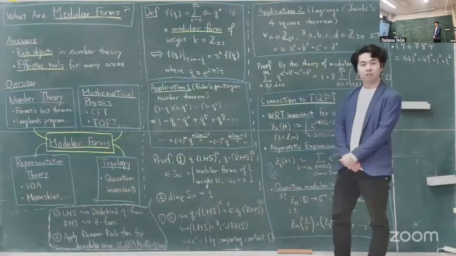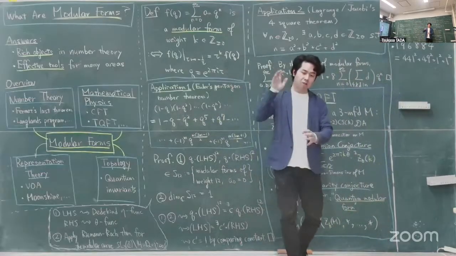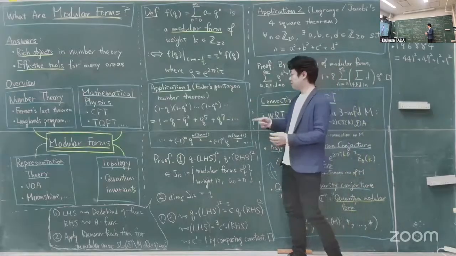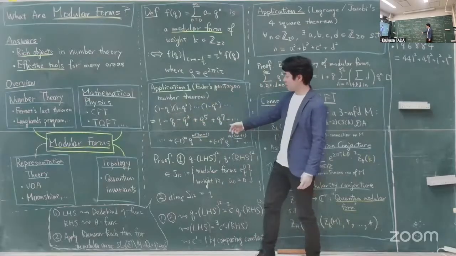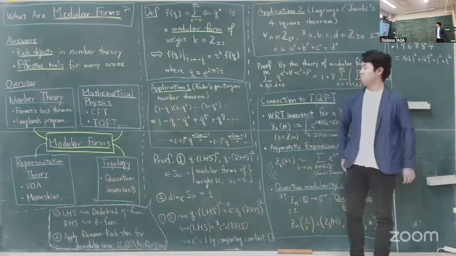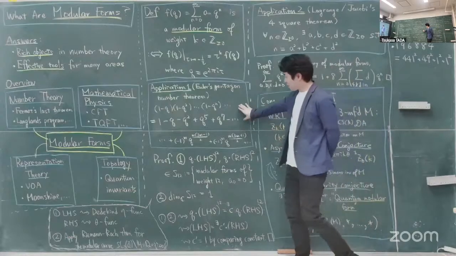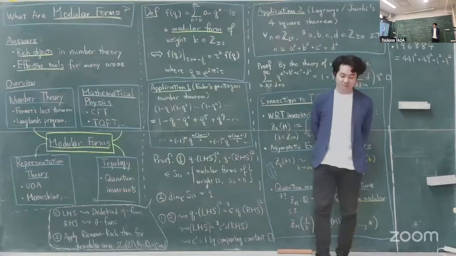In general, such a product has large coefficients, but this theorem shows that this infinite product only has coefficients plus or minus 1. This is amazing. This equality is elementary, but the proof is very difficult.